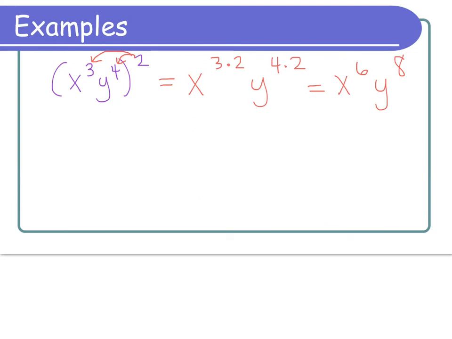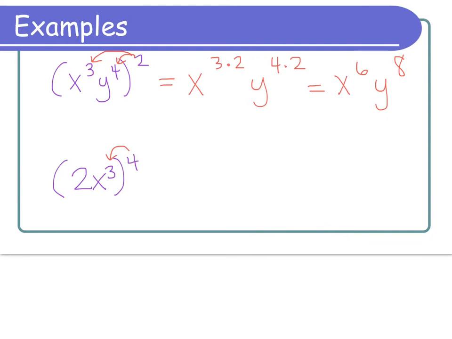Now how about this variation? What if it's 2x to the third raised to the 4th, let's say? Same rule. 4 multiplies with 3. But what about that 2? Does the 2 have an exponent?